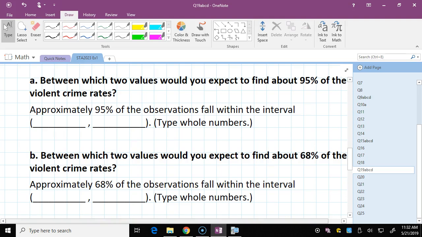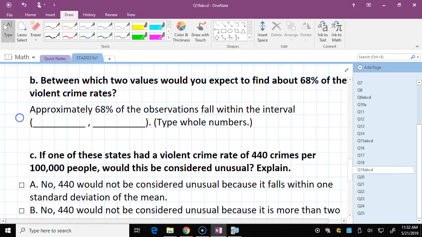Nope. 83 and 787, because that's 95%. Okay, does that make sense? Cool beans. Between what two values would you expect 68% of the data? There you go. 259 and 611. Okay?